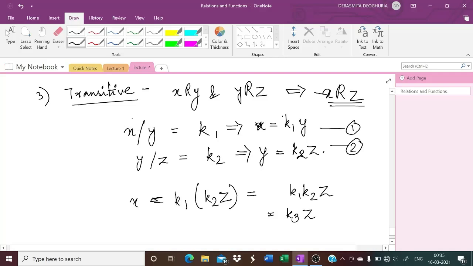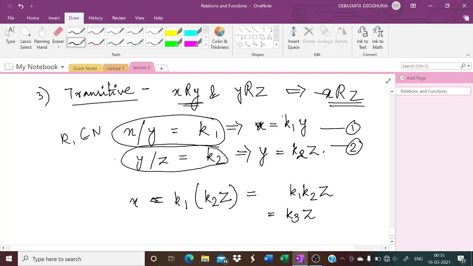Now x is related to y, which means x divided by y would give me k1, where k1 belongs to natural numbers, and y divided by z equals k2, where k2 belongs to natural numbers. Now you know that the product of two natural numbers is also a natural number.